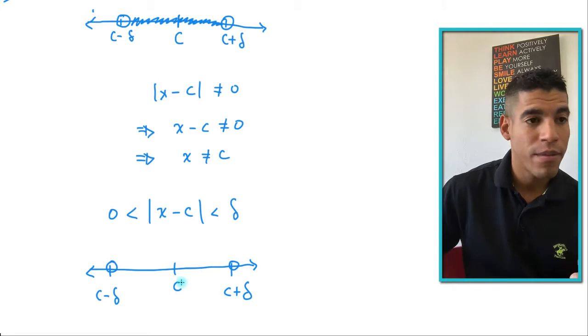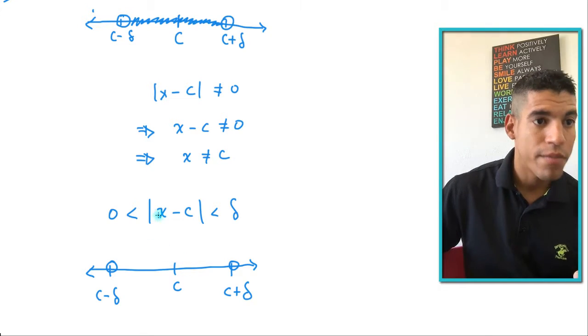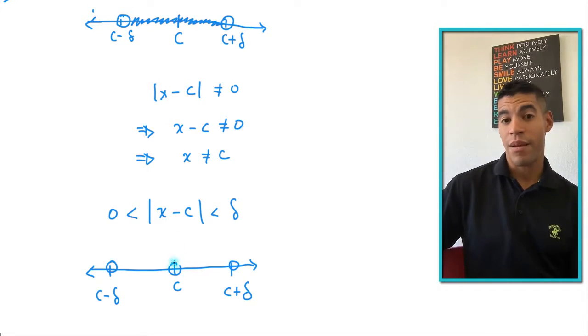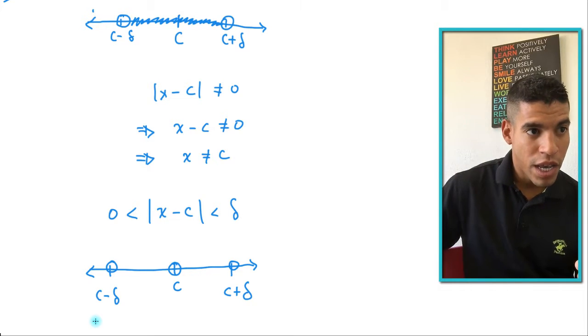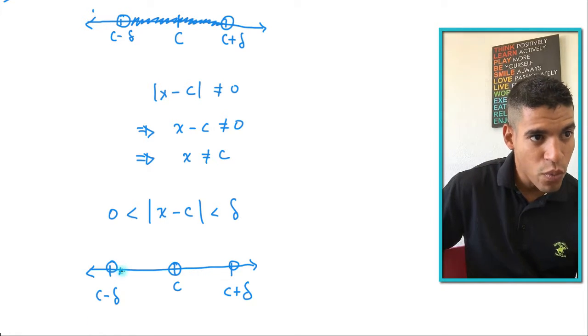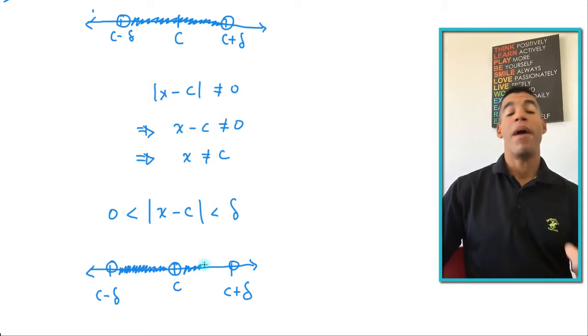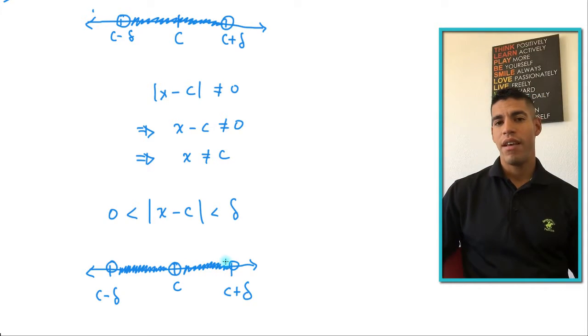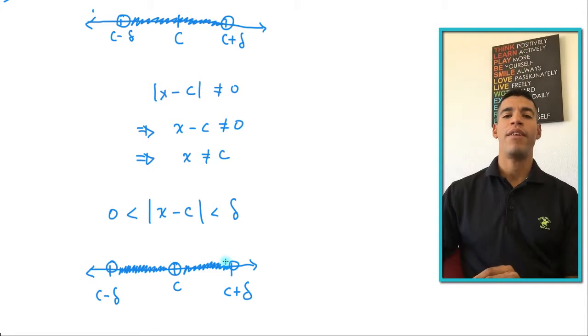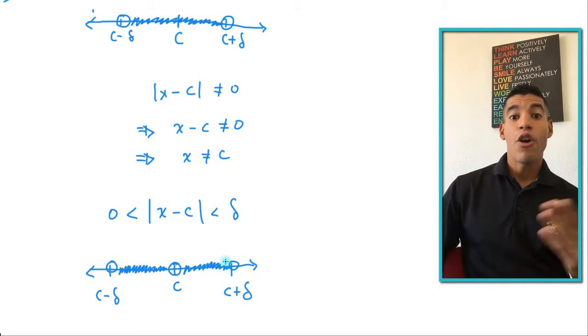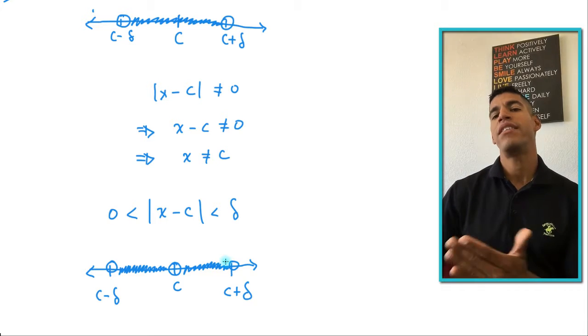C is open. Okay? Because x cannot be c. So x can be anything between these, but not necessarily c. Now I'm going to throw in that word, necessarily. It could be c, but not necessarily.